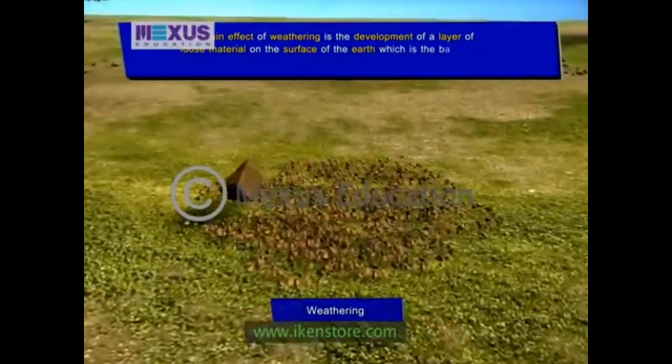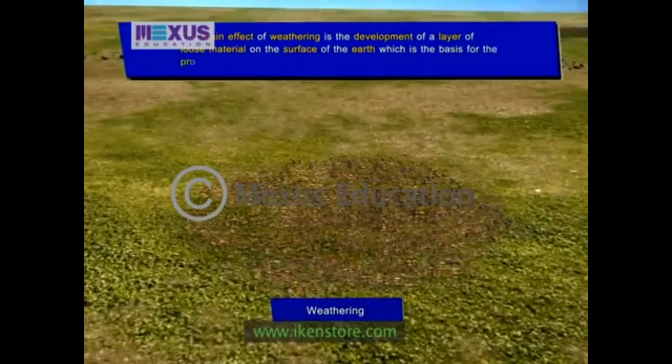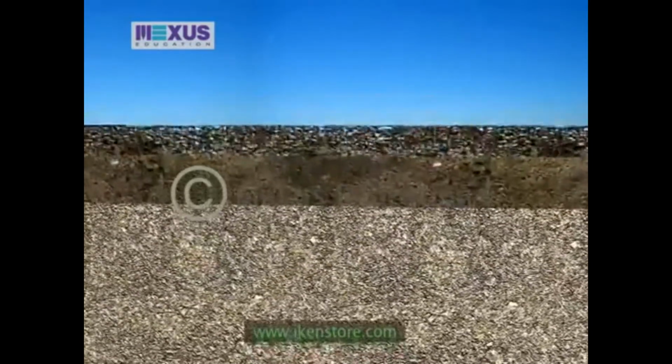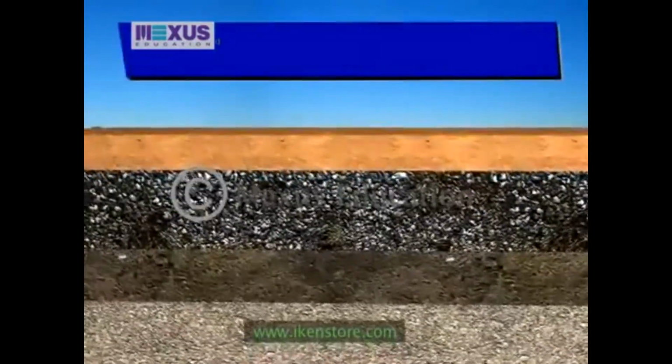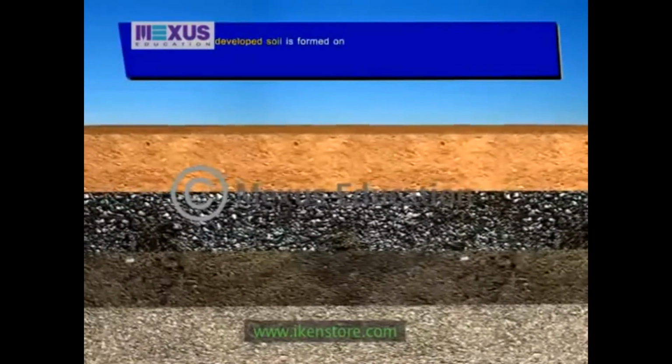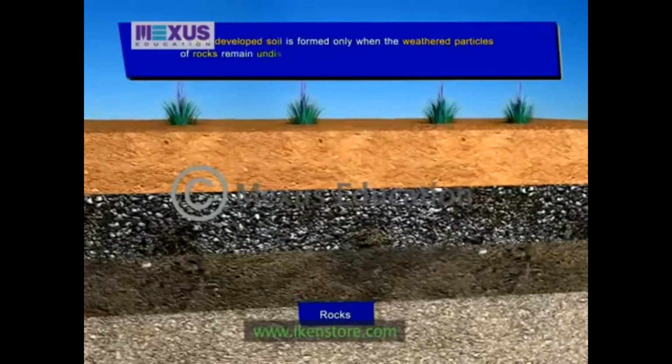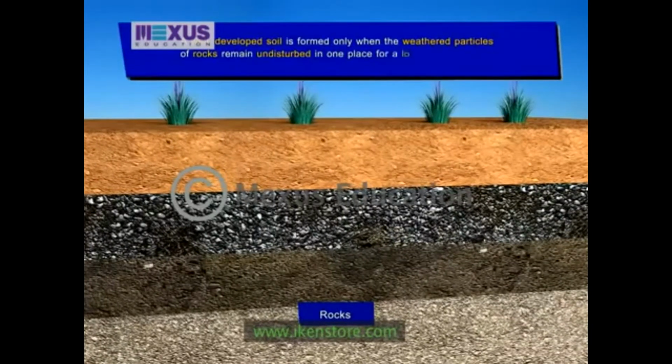The broken down pieces of the rock eventually form a loose layer, which is called soil. Soil formation is a very slow process, and it takes thousands of years. A well-developed soil is formed only when the weathered particles of rocks remain undisturbed in one place for a long period of time.